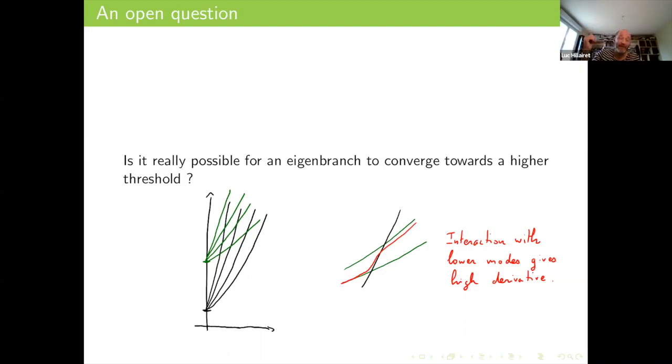If it has high enough derivatives on some intervals, you can sum up all these derivatives and eventually obtain a contradiction with the fact that the red eigenbranch was going to the green threshold. That is the idea we used with Chris to study embedded eigenvalues in hyperbolic triangles. And I will stop now.